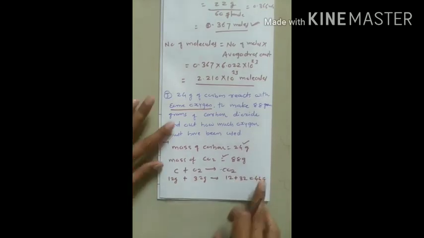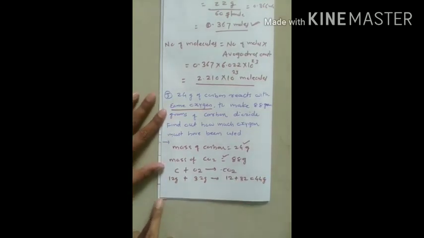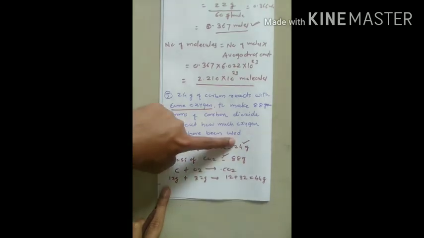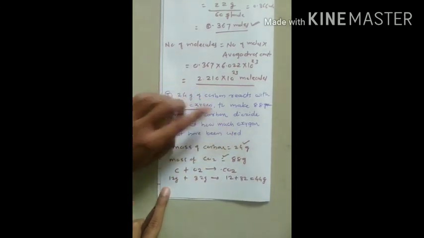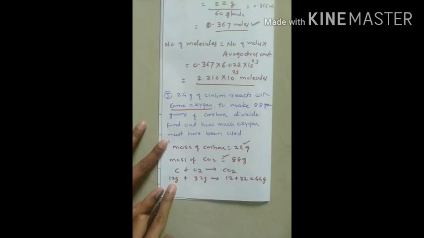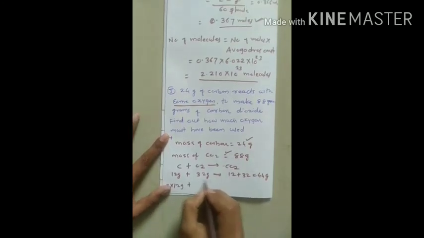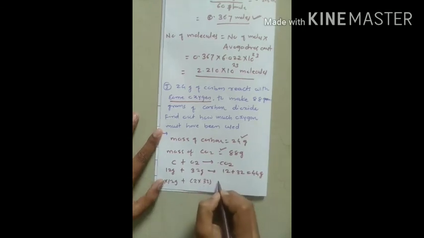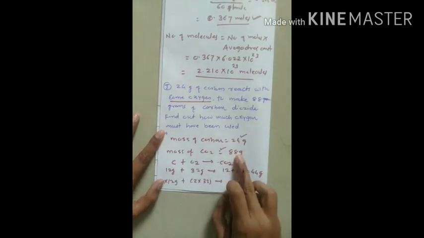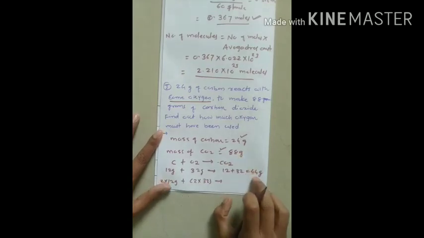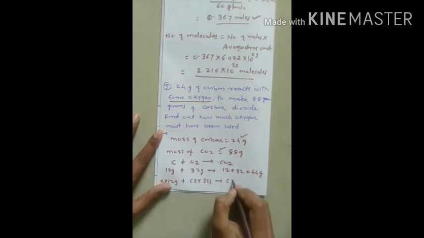Now here the change is what? In your question, the mass of carbon is given as 24 gram, isn't it? In order to convert this into 24, I have to multiply it by 2, so it becomes 2 into 12, for which I have to multiply the oxygen also by 2, so it becomes 2 into 32, and again here you will get 88 gram of carbon dioxide, because when I multiply 44 by 2, I will get 88.